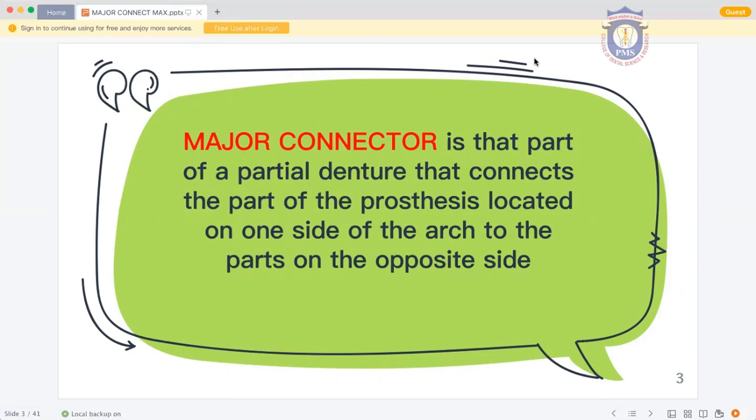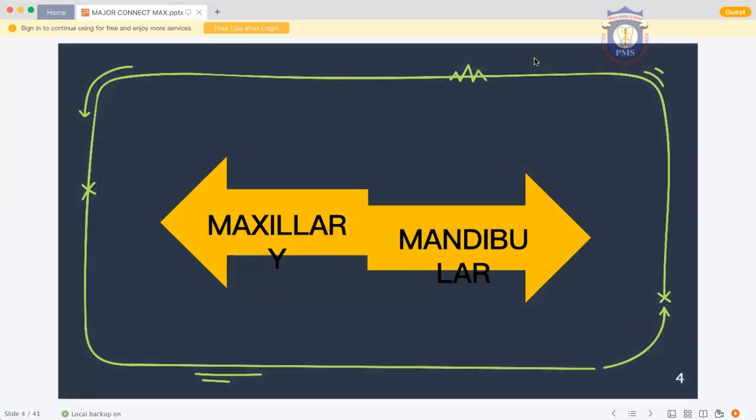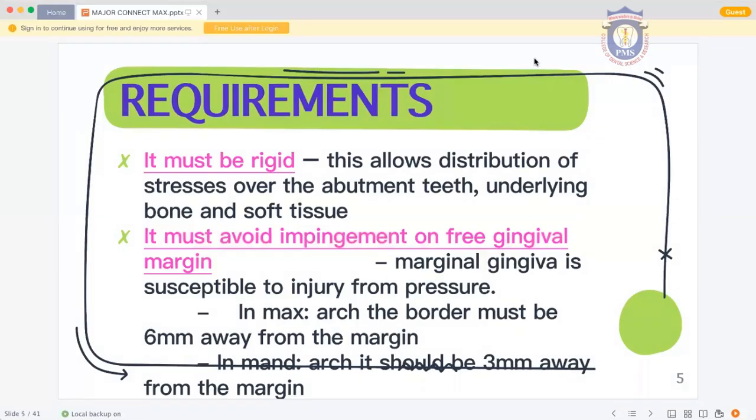That means from one side of our edentulous ridge to the other side. The major connectors are again divided into maxillary and mandibular. Maxillary is for the upper jaw and mandibular for the lower jaw.